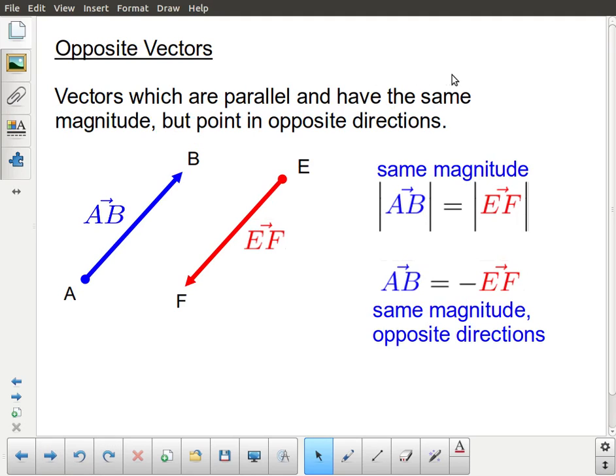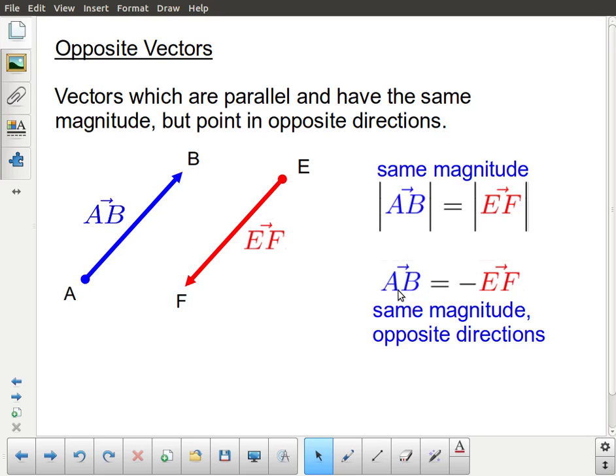You can also have opposite vectors. And again, they're a very specific set of circumstances to have opposite vectors. Opposite vectors are like equal vectors. The only difference is that the direction is exactly opposite. But you'll notice that they are still parallel. You'll notice they still have the same magnitude, but the direction is in the opposite direction.